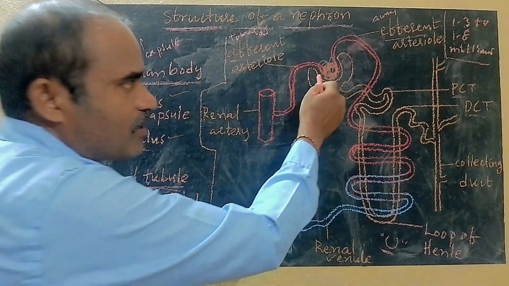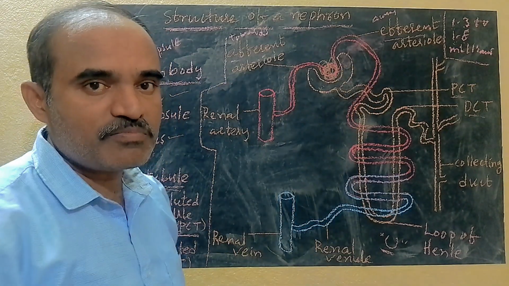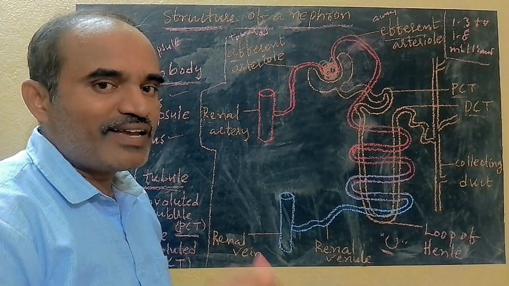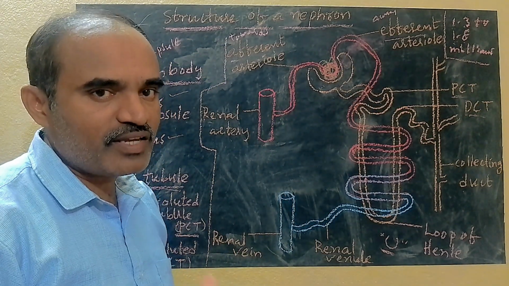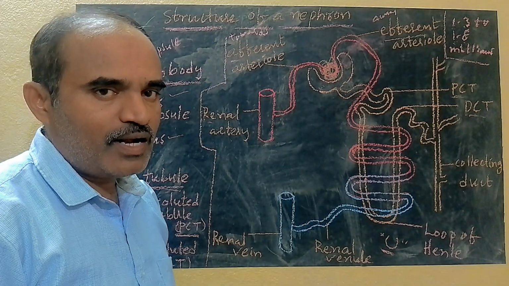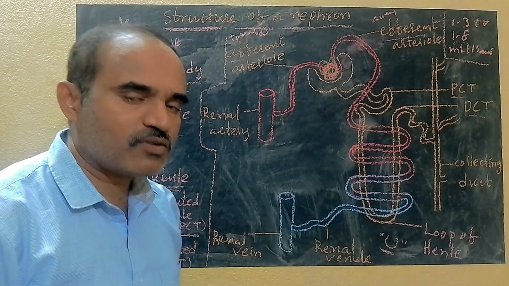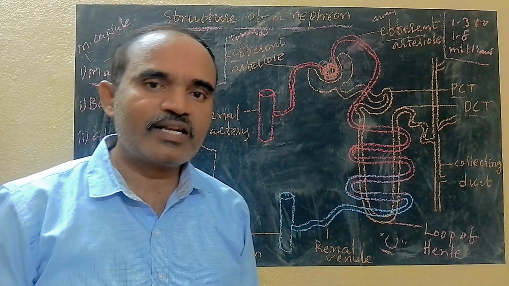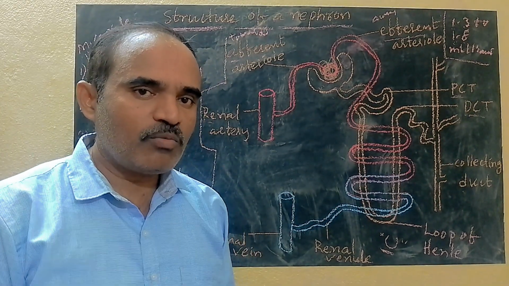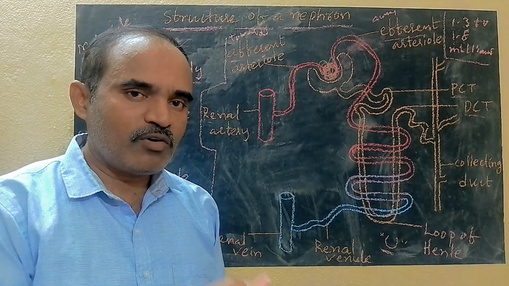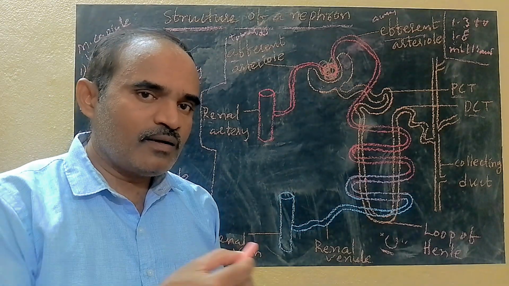If you see, Bowman's capsule is made up of a single layer of epithelial cells, and they are porous for the filtering of blood. They are also called filtering units. Glomerulus, Bowman's capsule.